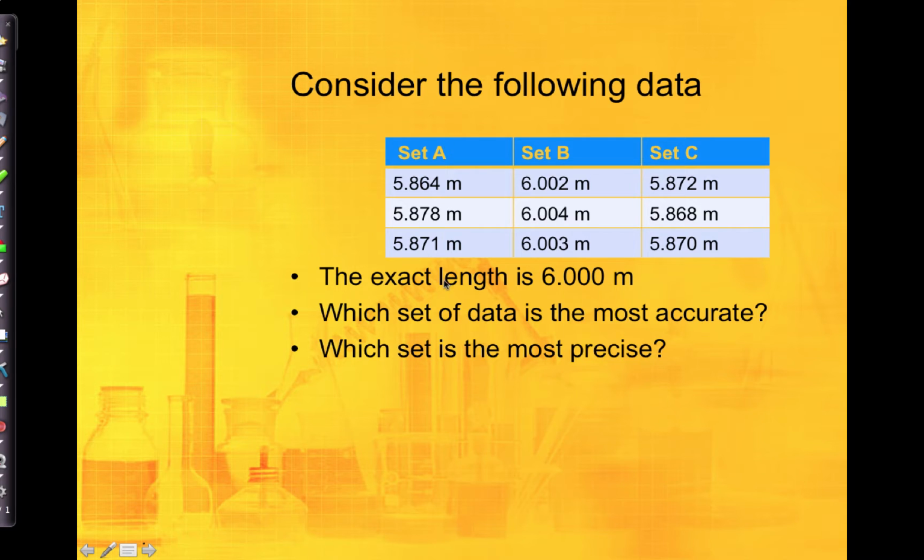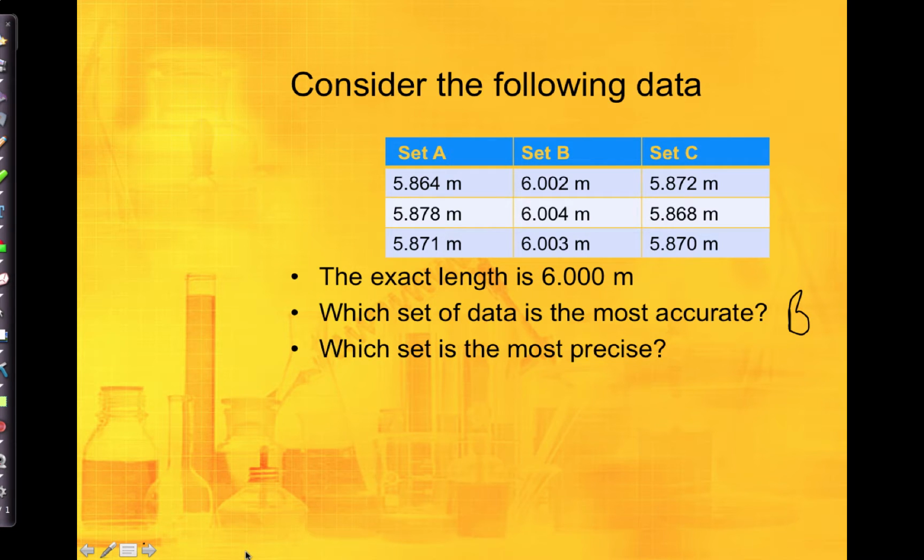Set A got about 5.8-ish, set B got about 6.0-ish, and then set C was about 5.8 again. So of these sets of data, which one is the most accurate? Which one is the most correct? Well, that would be set B, because this one is the closest to 6. So it is the closest to being correct.